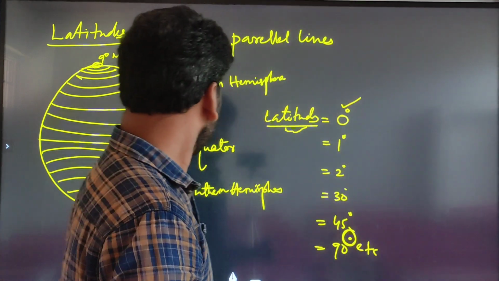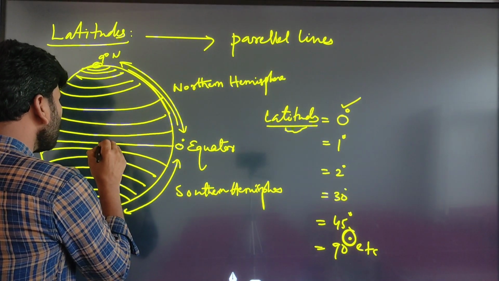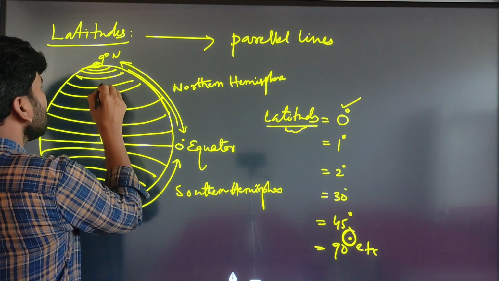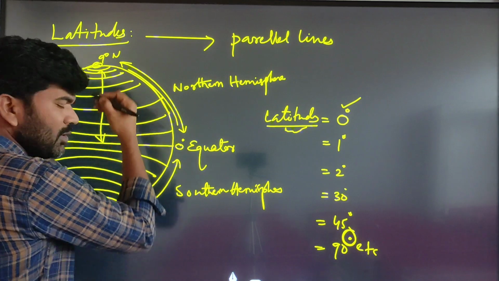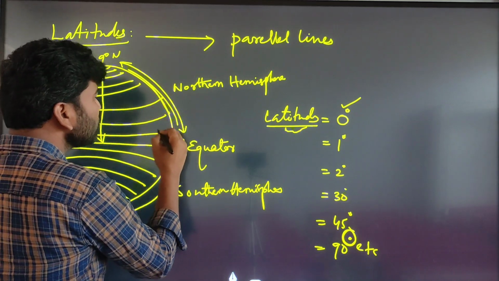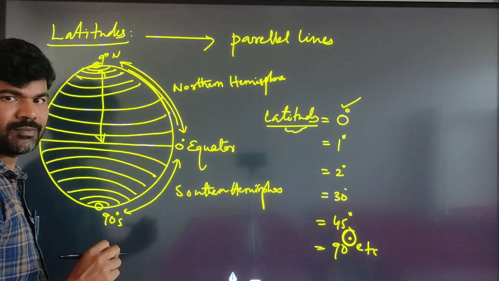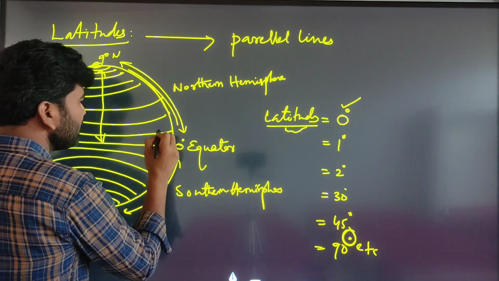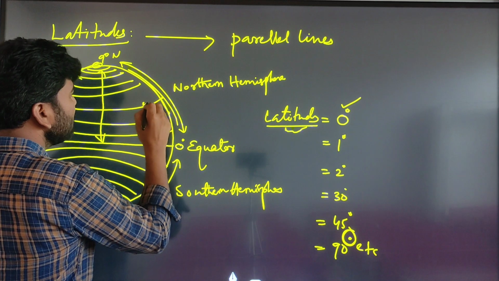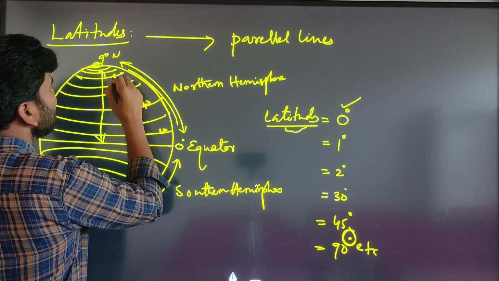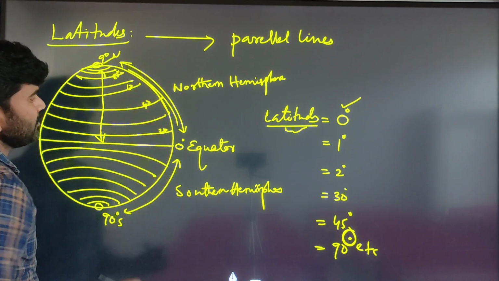So from the equator going towards the poles, if you move away from the equator, the latitude degree increases. For example, this is 0 degrees, this is maybe 20 degrees, this is maybe 40 degrees, 60 degrees, 80 degrees, and this is 90 degrees.